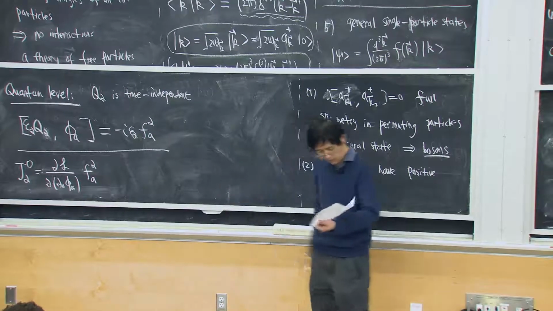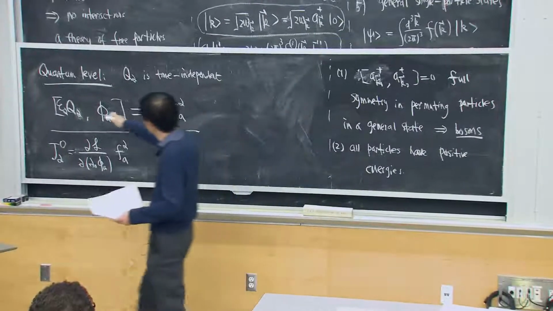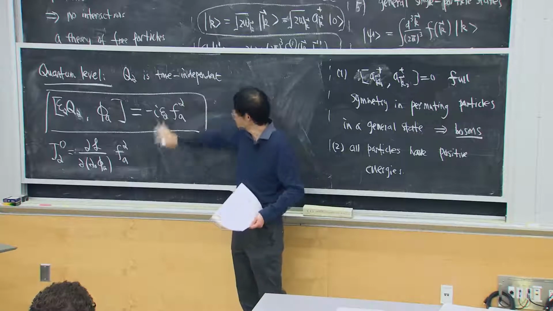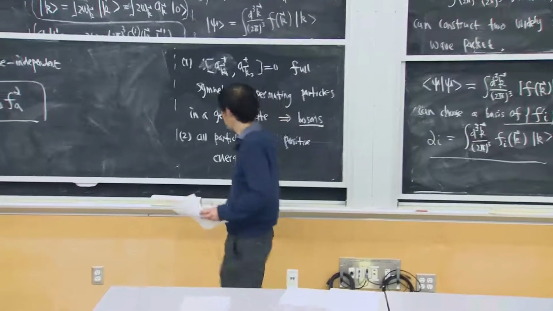Today we will not have time to finish, so let's just leave this to next time. Let me just say that at the quantum level, this will generate the infinitesimal transformation.